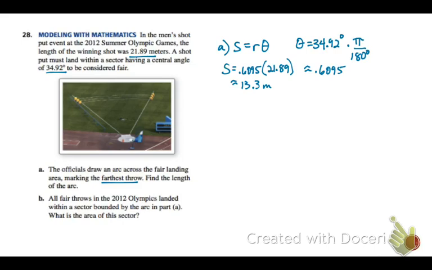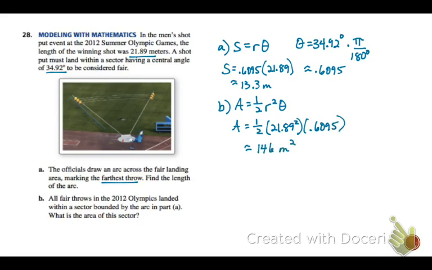So that's approximately 13.3 meters for the arc length. Part B, we're going to find the area of that sector. So we'll have 1/2 times our radius, 21.89, squared, times our angle. And so our area is approximately 146 meters squared.